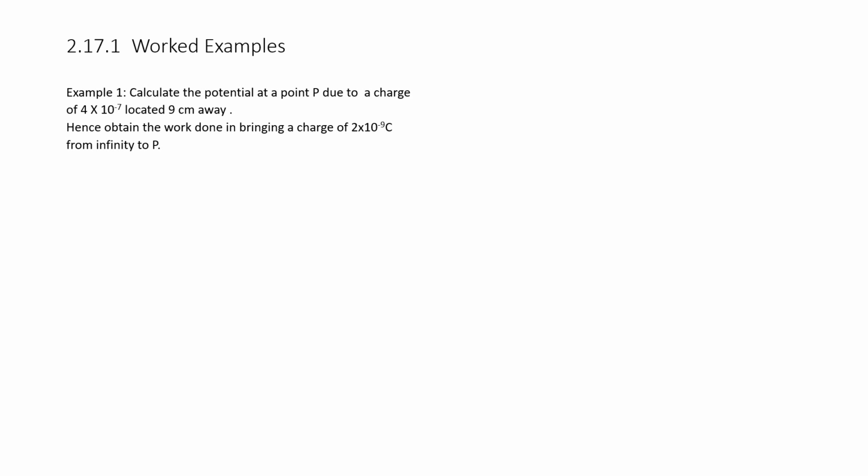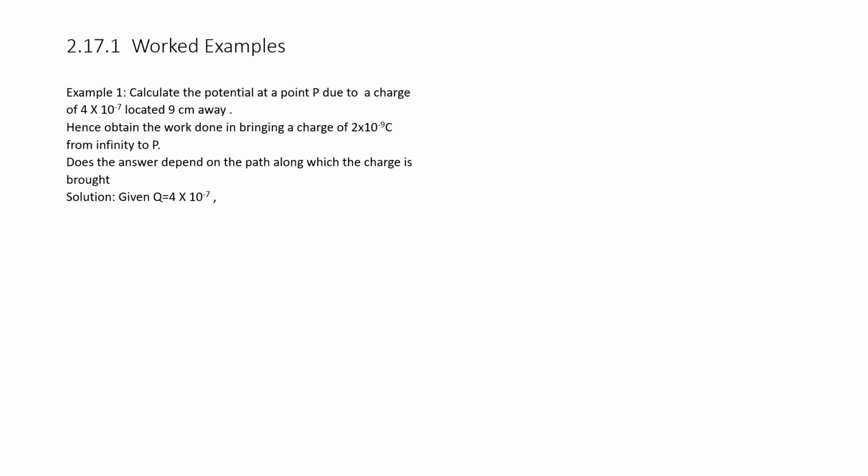One charge is 4 times 10 to the power of minus 7 coulomb and the test charge is 2 times 10 to the power of minus 9 coulomb. We have to calculate the work done and the potential. It also asks whether the answers, that is the work done and the potential, depend on the path along which the charge is brought from infinity.